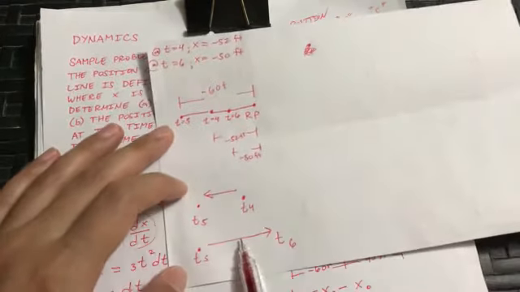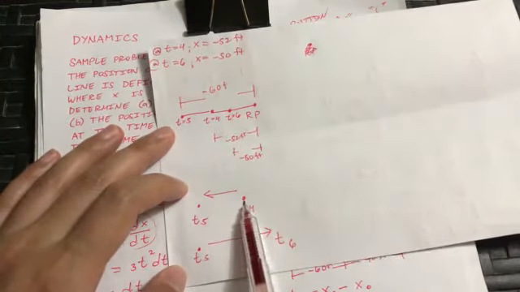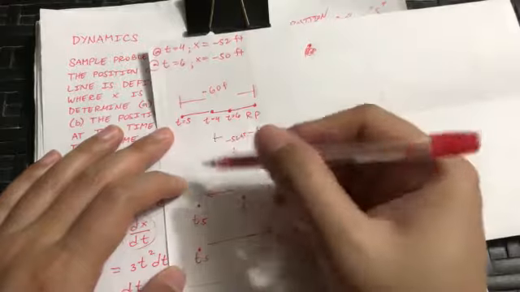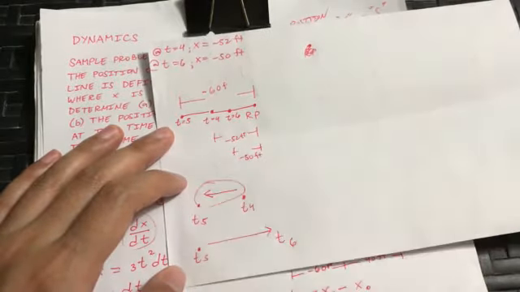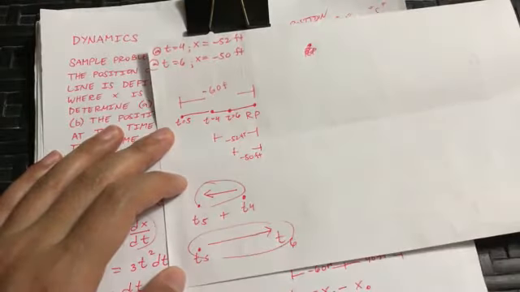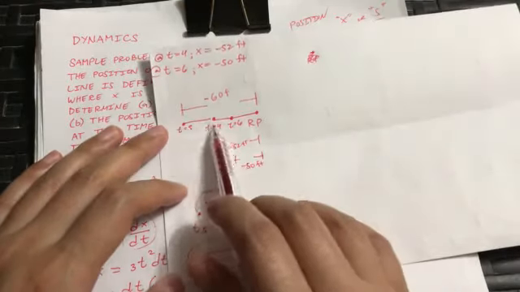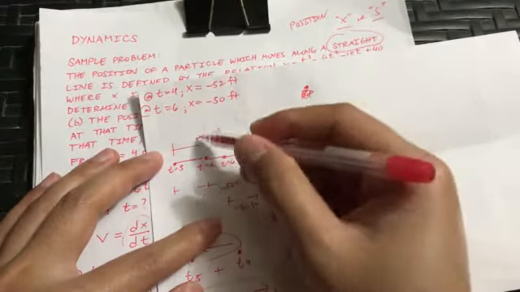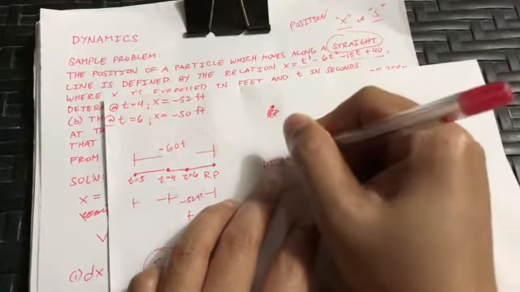So if we look over here, it traveled here to the negative direction and then to the positive direction. So what we need is the distance of this one, plus the distance traveled over here. Now from time 4 to 5, this is equivalent to the difference.